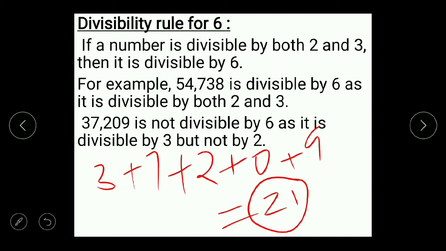But the last digit is 9, therefore it is not divisible by 2, therefore it is not divisible by 6.